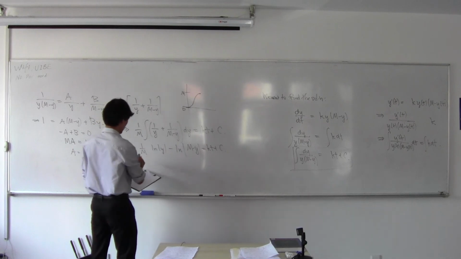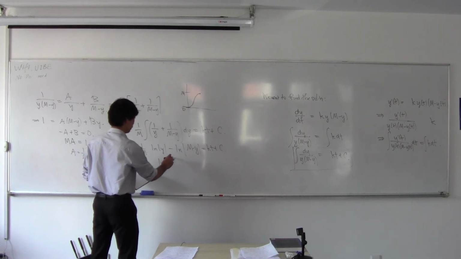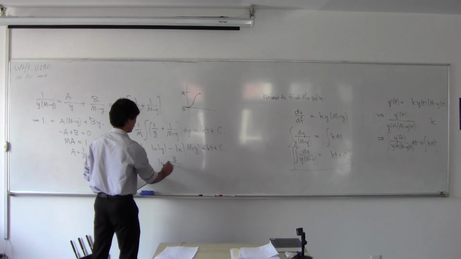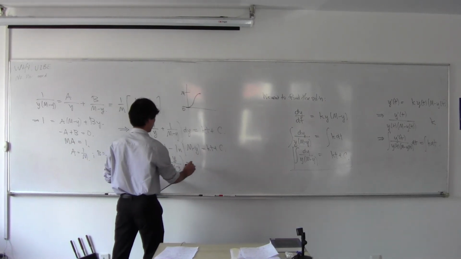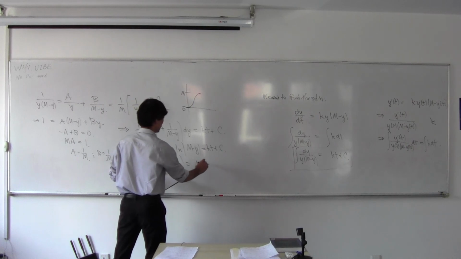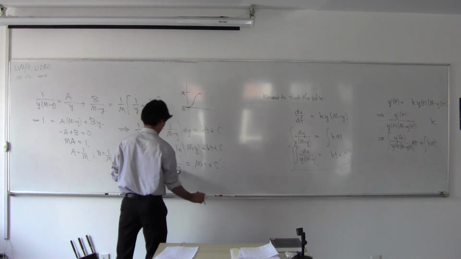So you get the natural log of y over m minus y equals mkt plus some new constant.